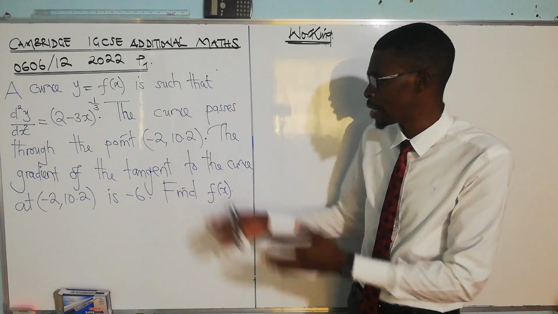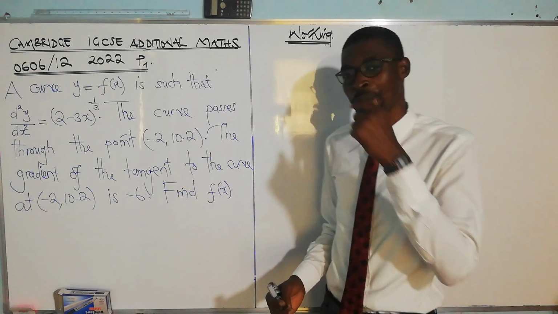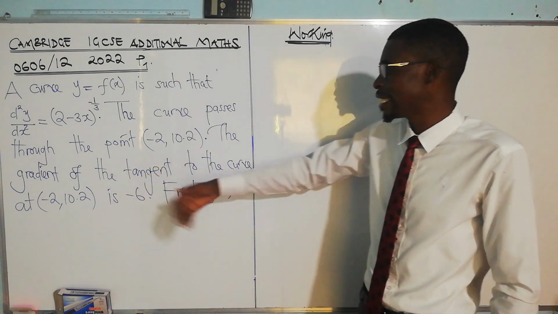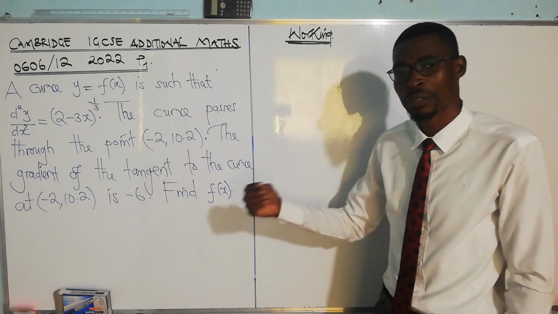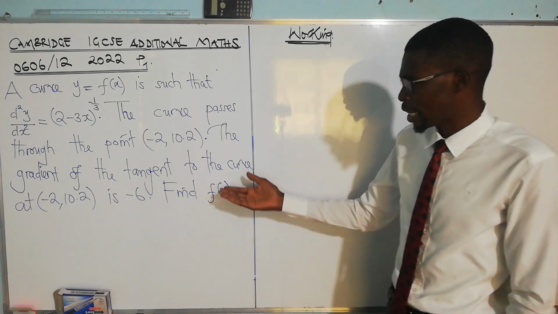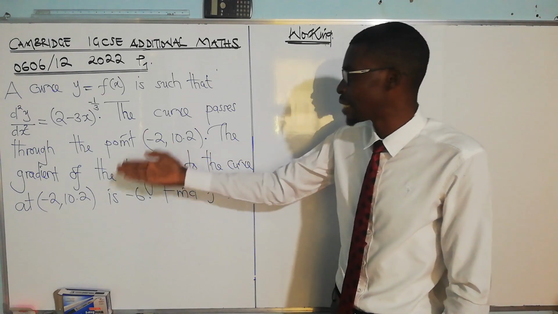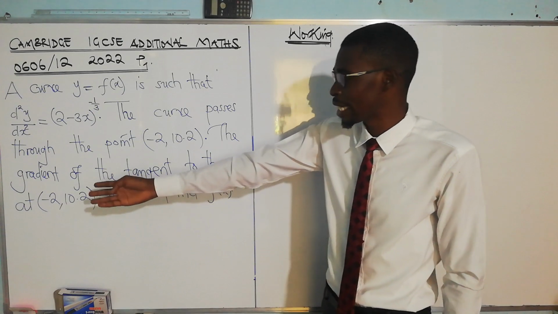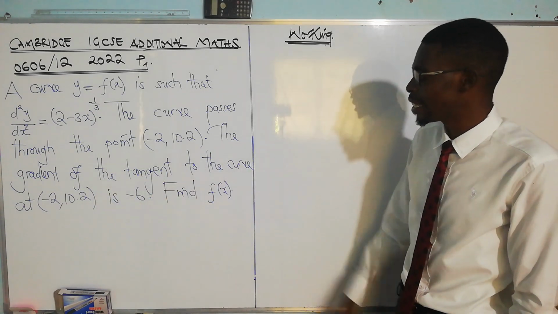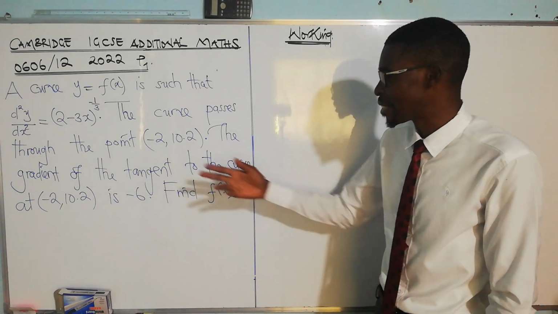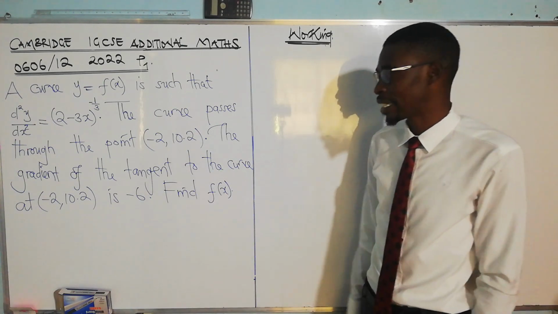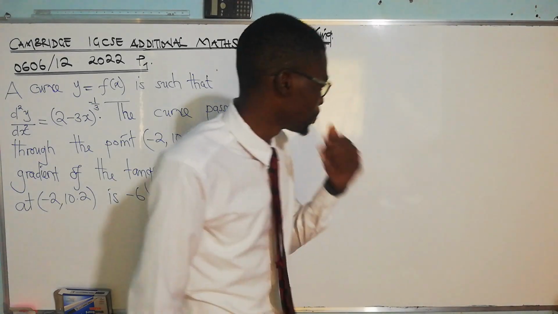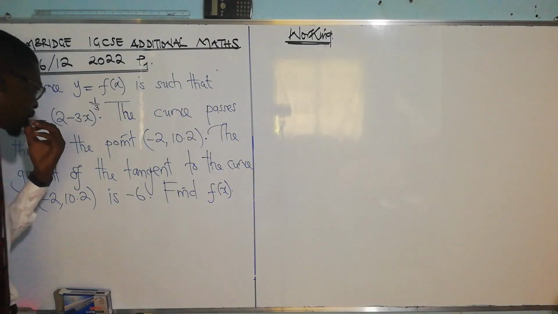So this is just a statement trying to see if you as a student understand that the gradient of the tangent is equal to the gradient of the curve at the point of tangency. That's why instead of just telling you that the gradient of the curve at the point negative 2, 10.2 is negative 6, we are saying the gradient of the tangent to the curve at that point is negative 6. All in all, what we are going to do is the same.